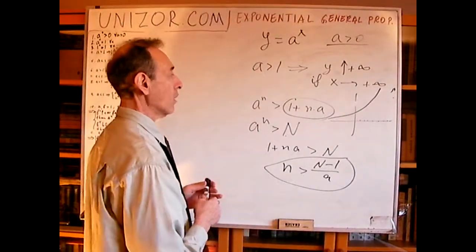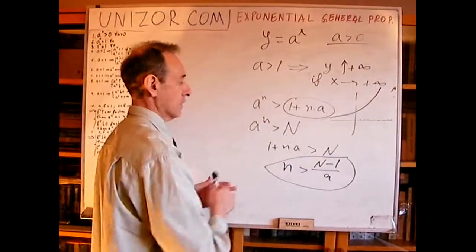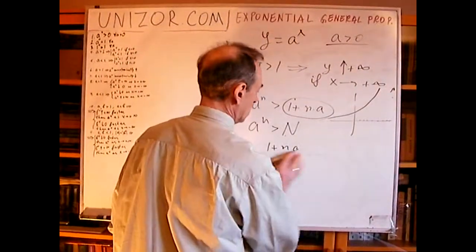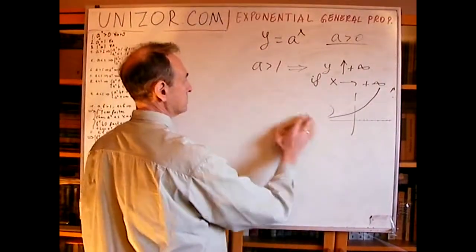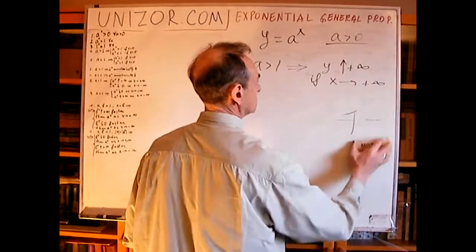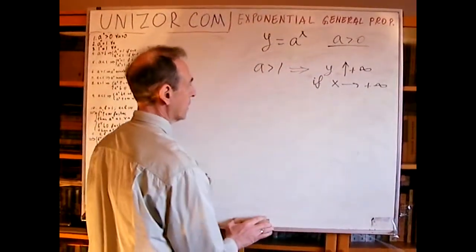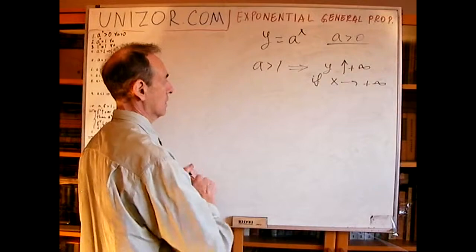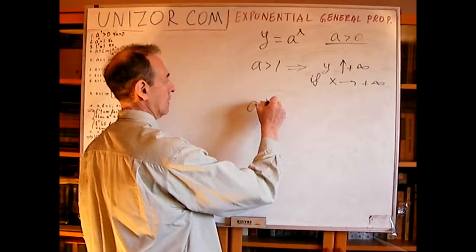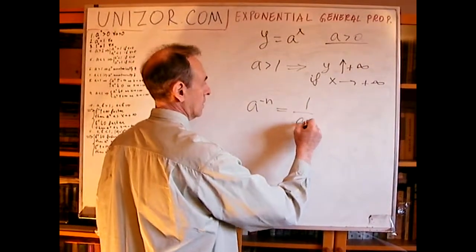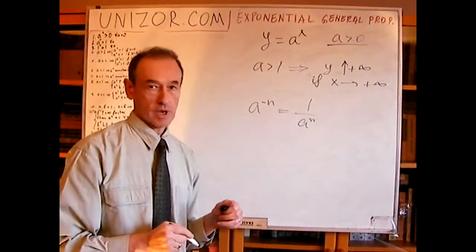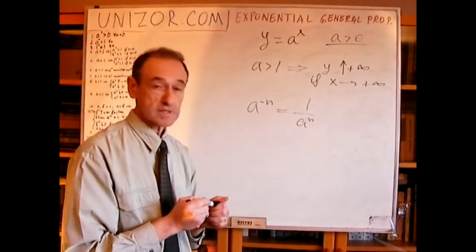Why? Because for negative number x, I have this particular equation, right? This is the definition of negative exponent.